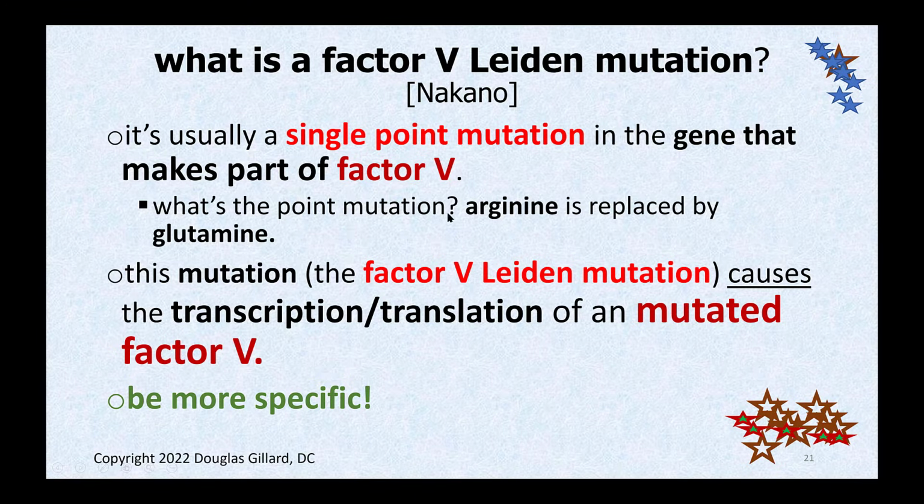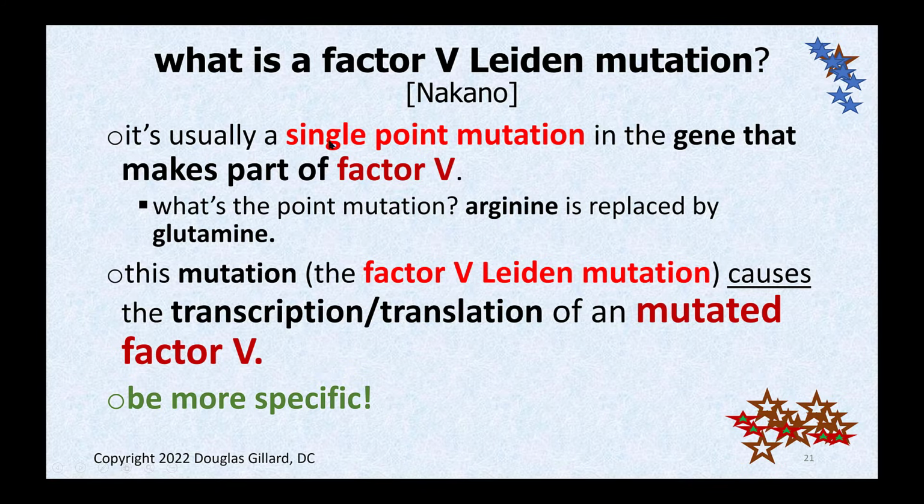And that one misplaced amino acid causes a conformation change, not in APC, but in factor V. So the mutation is in factor V. And because of the mutation, the binding site for APC is messed up.